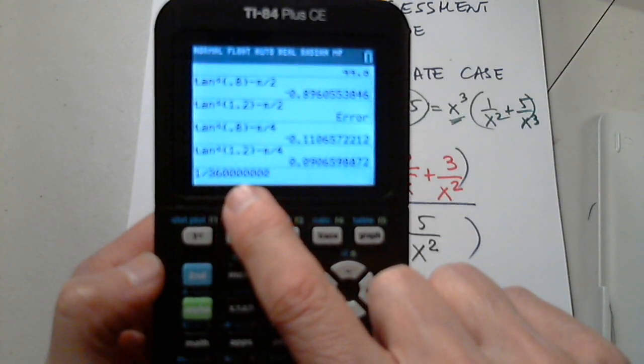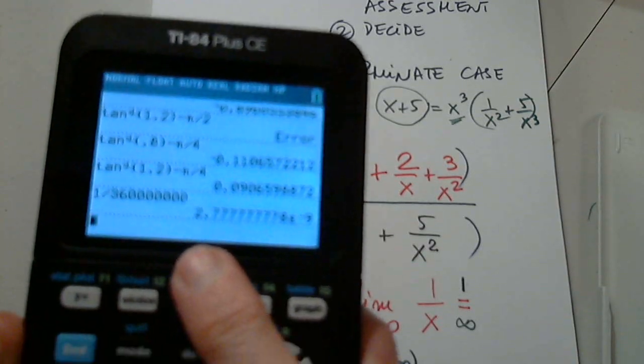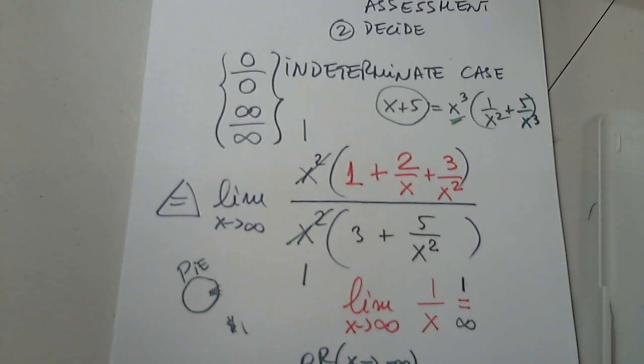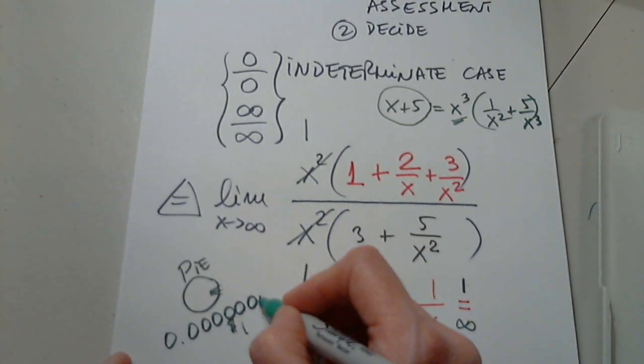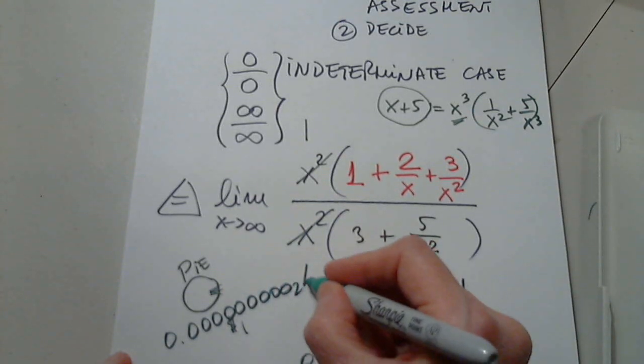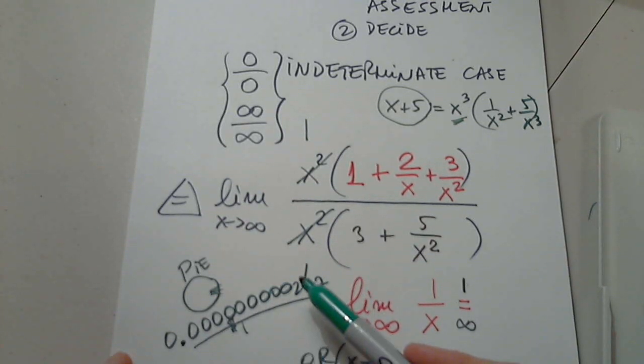Do I have enough zeros? I have enough zeros. This means 2.7 times 10 to negative 9. So the answer from my calculation will be 0.00000000277. From my dollar, every person will get that many dollars, right?